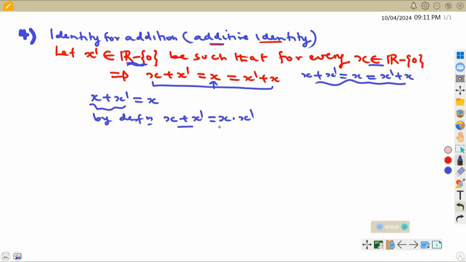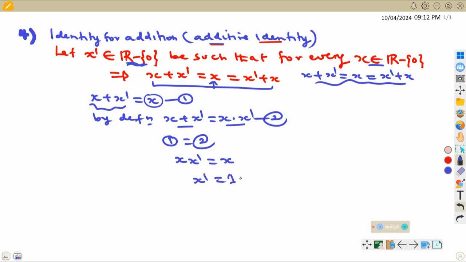In other words, if this is equal to x times x prime, can we say that x times x prime is also equal to x? We are having this and we are having this, so we can easily say that 1 is equal to 2, which means that since x plus x prime, for x prime to hold as an identity, must be equal to x, then this x prime is also equal to 1.